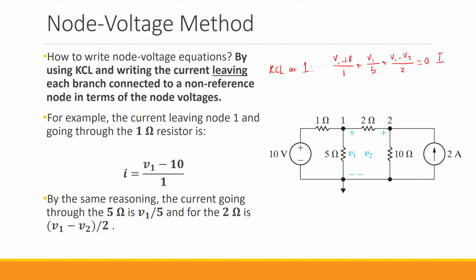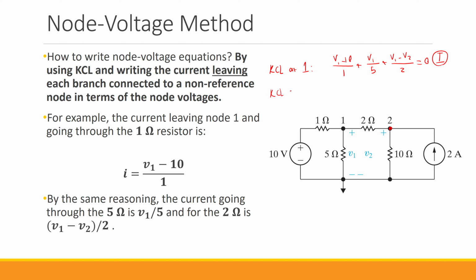So that will be the first equation that we needed. Since we only had to find two node voltages, we only need two linear equations. So that is one of them. How do we get the second one? The equation for this?